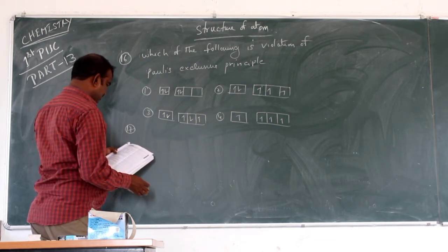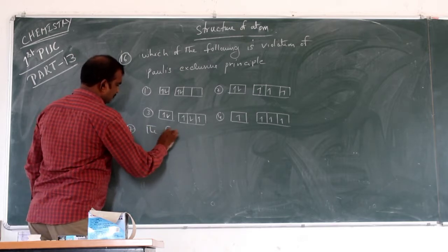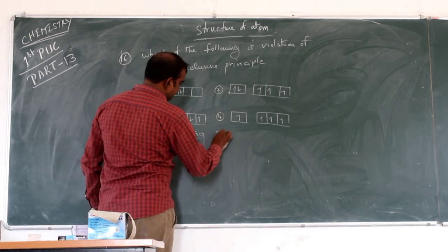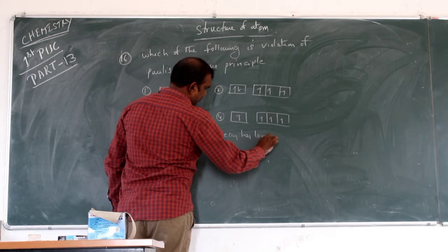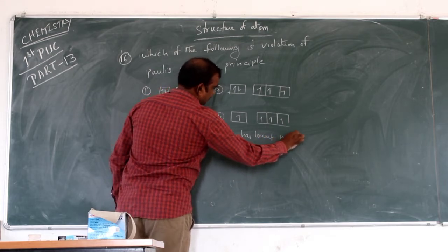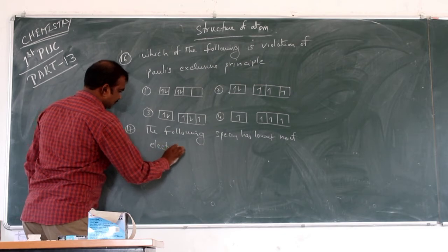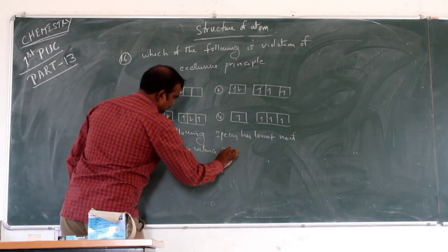Which of the following species has the lowest number of electrons in the valence shell?